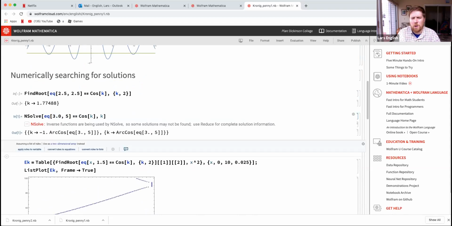Okay, so it takes a little bit longer, and it gives it now in this weird form. Arc cosine and so on. So there you go, but it does come up with two solutions: plus minus the arc cosine of the equation evaluated for 3 and 5.